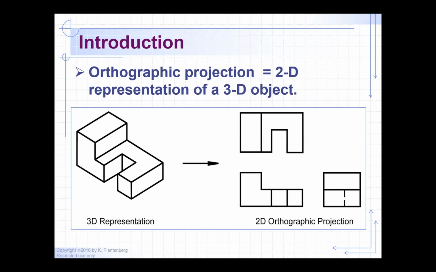Okay, so there are some rules that we have to apply when we create these views, and that's what we're going to start learning about today: what these rules are and how they apply. It's really a very simple point, but it's one that we need to wrap our mind around.